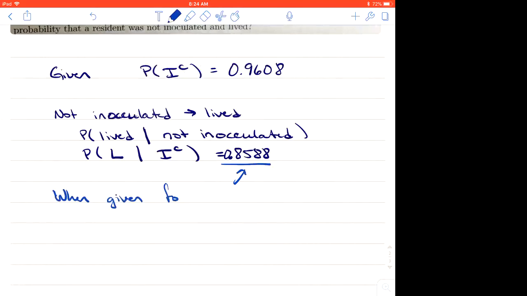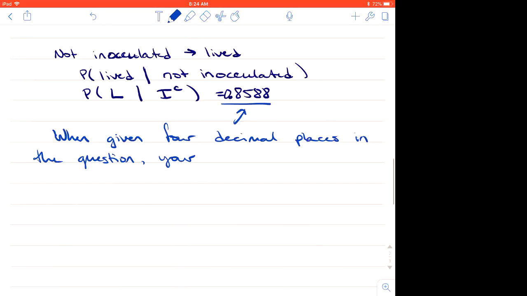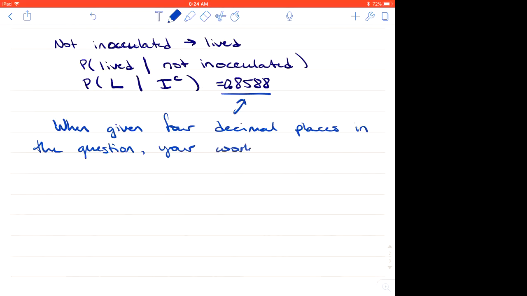When given 4 decimal places in the question, your work should have at least 4 decimal places. So we just keep the number of decimal places that we've been given.